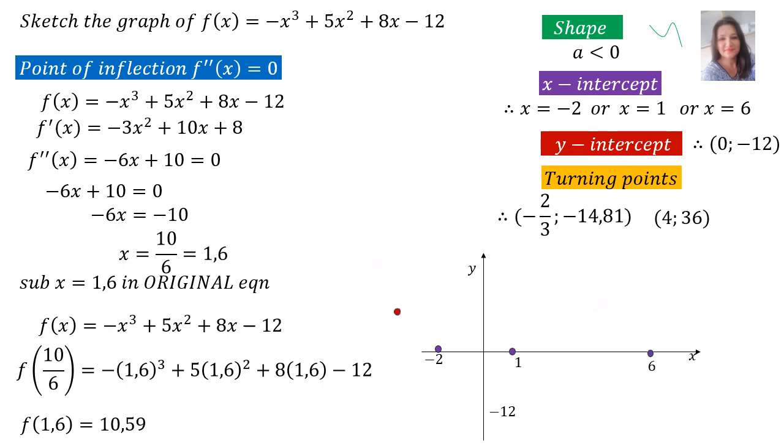Then your y-intercept is at (0, -12), and then your turning points are (-2/3; -14,81) and the other one is the point (4, 36). And then your point of inflection is the point (1,6; 10,59). There, it flew in. Now we can sketch this graph.